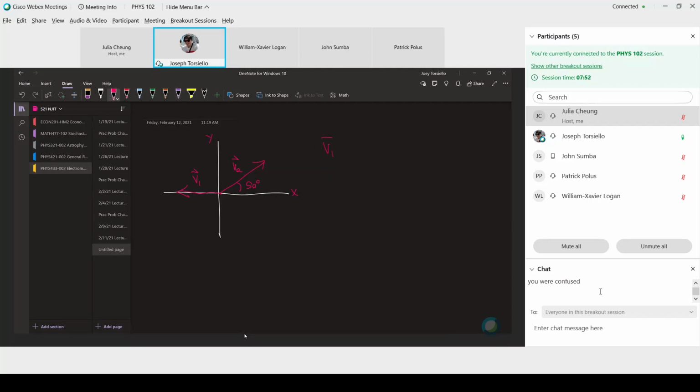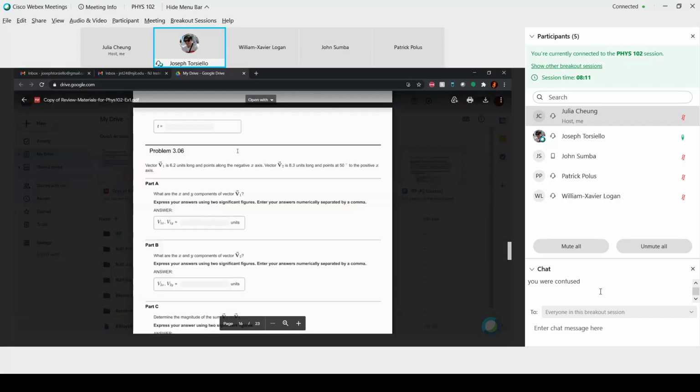And you know what, I'm actually going to organize this a bit better. So v1, if you want to write it as a vector, you could write it like this: v1x, v1y, since there's only 2 dimensions. Can anyone tell me what you think v1x is based on the information?